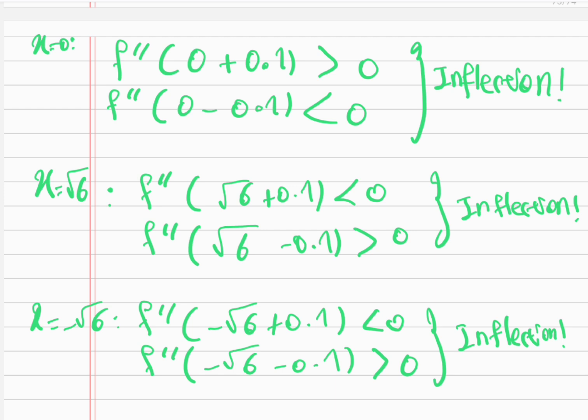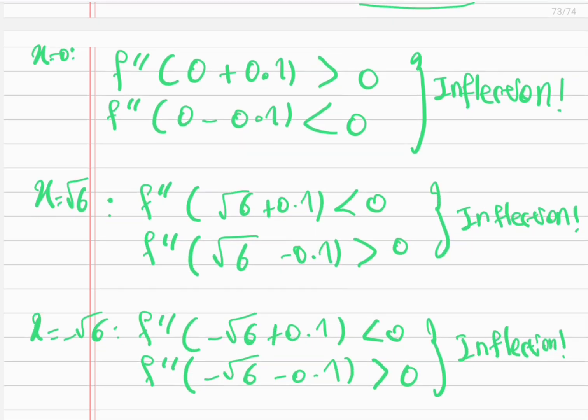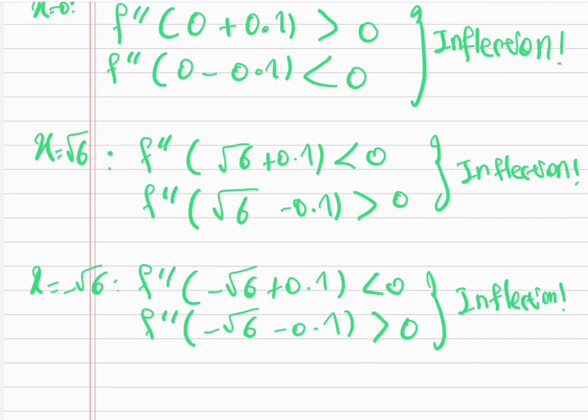But if you don't have much time left and you think this is not a good use of your time, then maybe it's better to just state whatever you get from the equation as your points of inflection, and then find the y coordinates and move on. Otherwise, you should always check that.